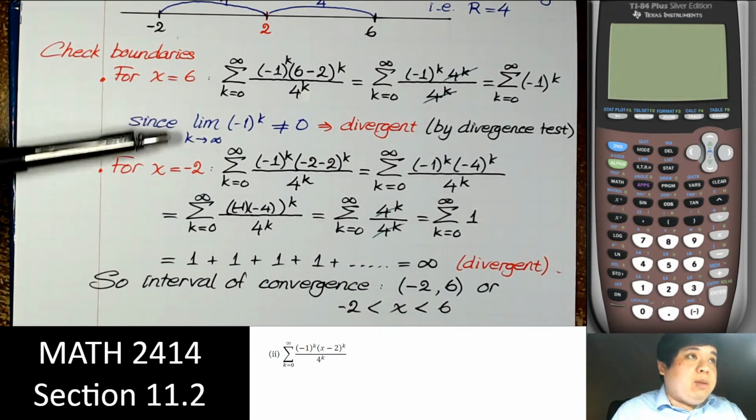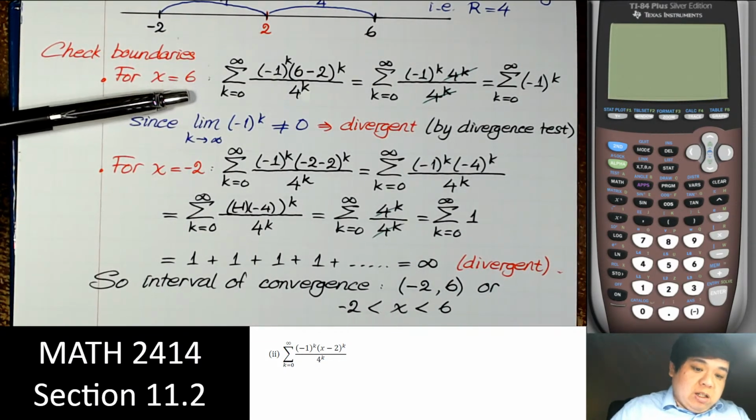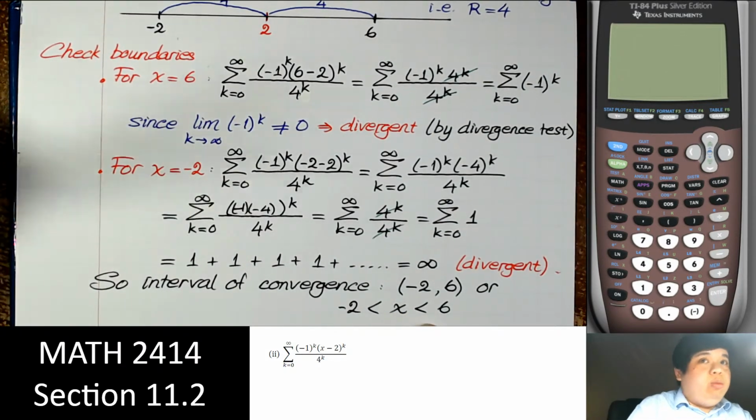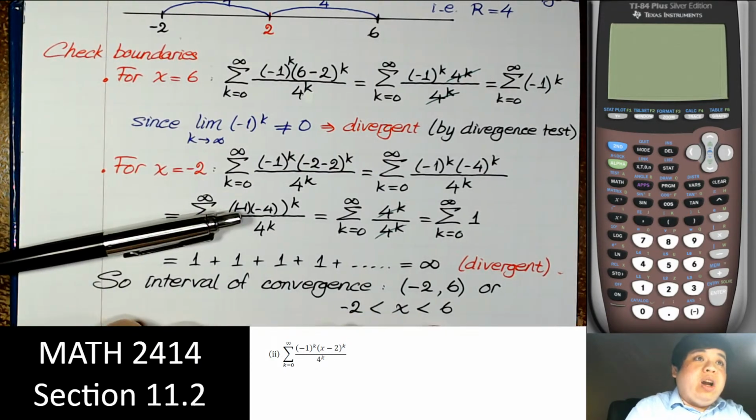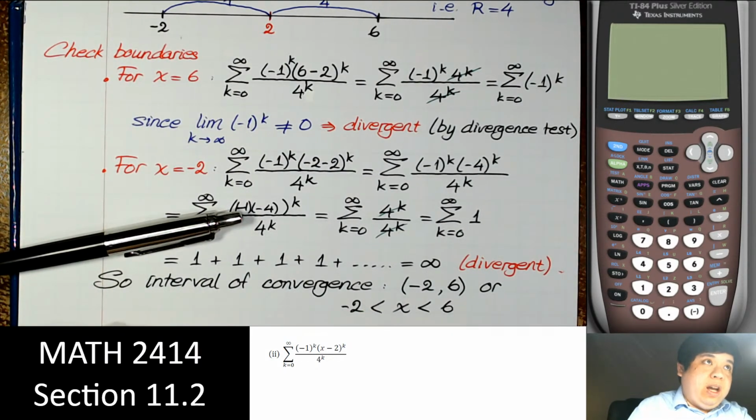So that's why we need to check the boundary. If the boundary is convergent, we make it equal to, if that is the case. But in this case, both of them are divergent, so we do not have the equal sign on the -2 and 6.